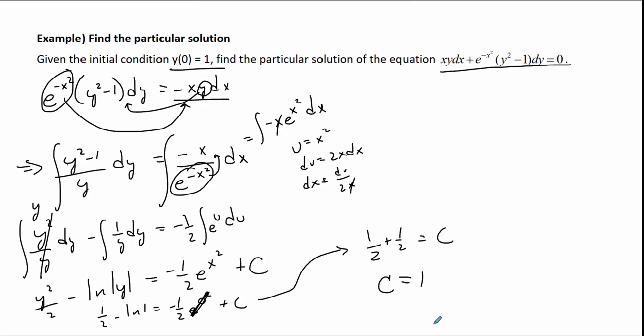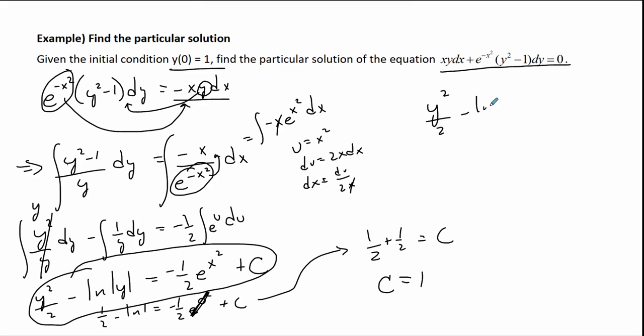And so now I want to solve the equation, okay? And basically you're going to take this piece here and you're going to plug in c. All right, so I get y squared over 2 minus ln of the absolute value of y equals negative 1/2 e to the x squared plus 1.